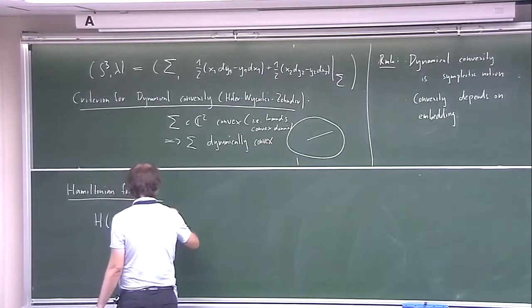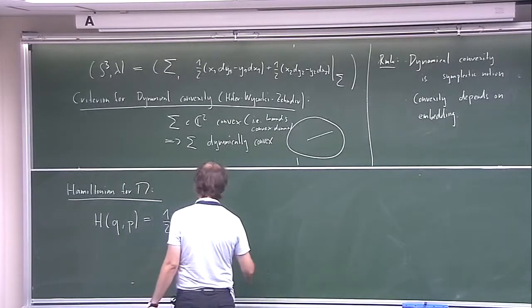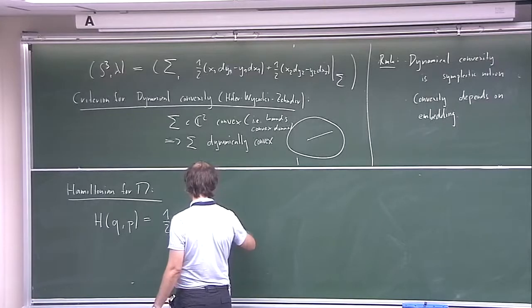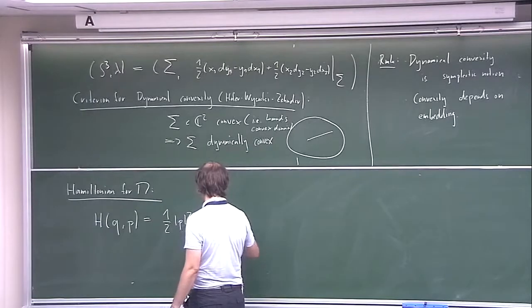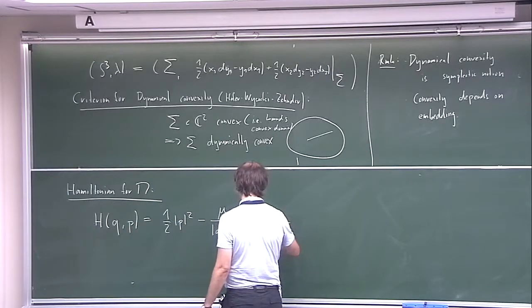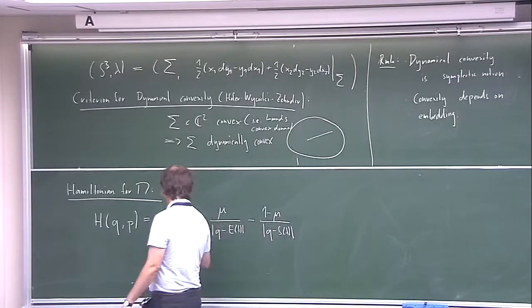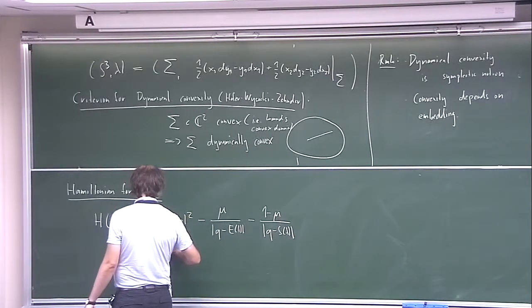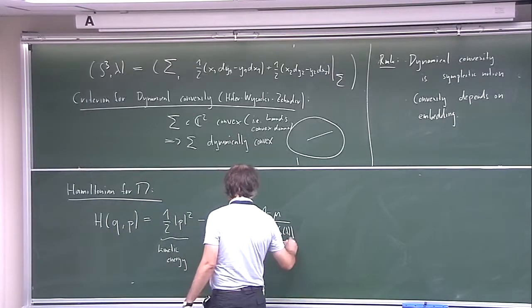This is kinetic energy, minus the potential, which is the mass of the Earth, mu, divided by the distance to the Earth, and 1 minus mu, the mass of the Sun, divided by the distance to the Sun. This is the Newton potential. So this is kinetic energy and this is potential energy.